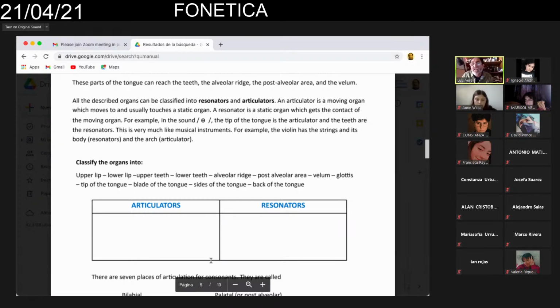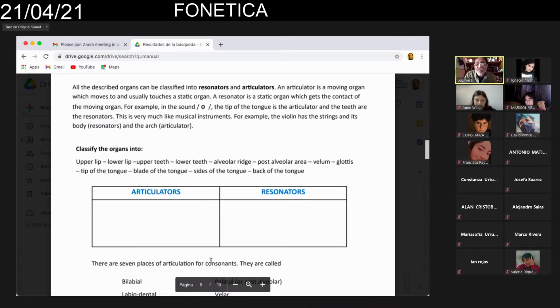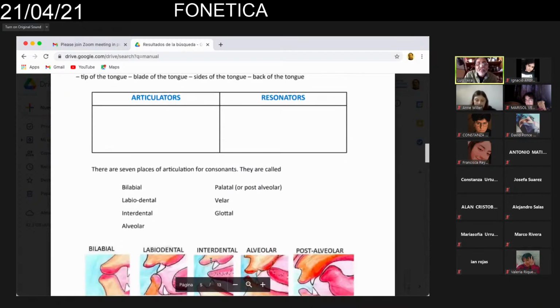The two lips are articulators, exactly, because you can move them. But can you move your teeth? No. So your teeth are going to be resonators. Very good, resonators. Okay, you do this exercise during the next week, right?